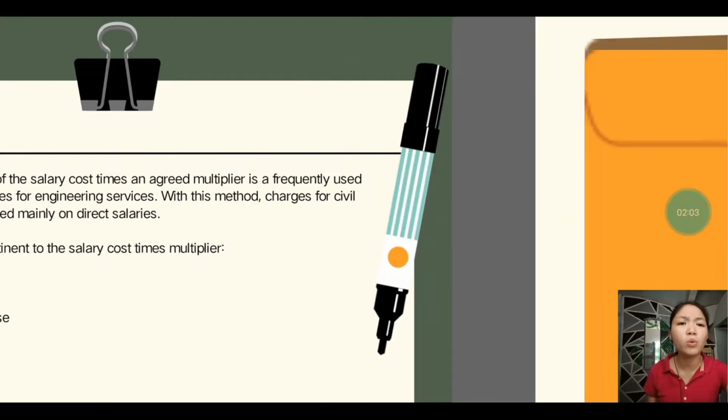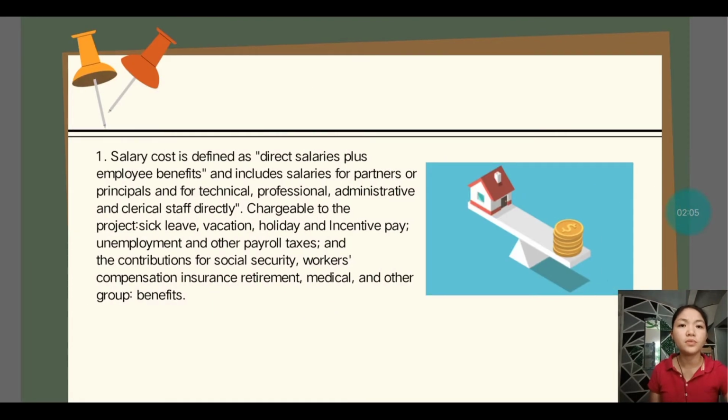Number 1, salary cost. Salary cost is defined as direct salary plus employee benefits. It refers to the compensation that an employee receives directly for his or her work.